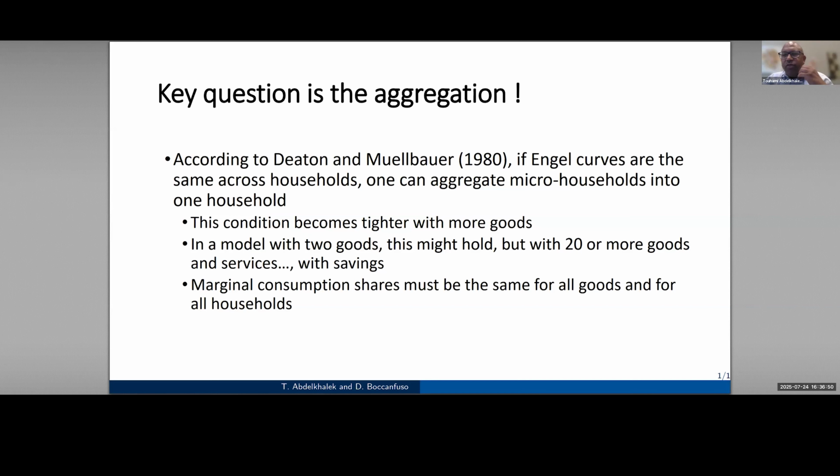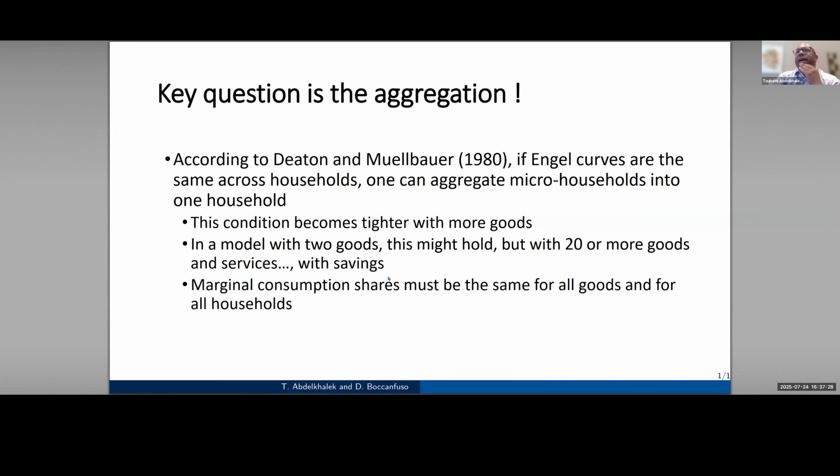You are a researcher looking at a utility function for households, and you have, I don't know, 10 households, and I tell you we have a Cobb-Douglas utility function for each of these households. If I have to aggregate, what is the utility function for the representative household of the 10 households? It cannot be a Cobb-Douglas. The aggregation is very difficult.